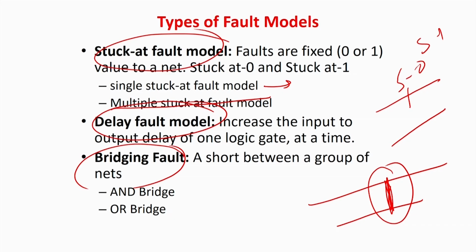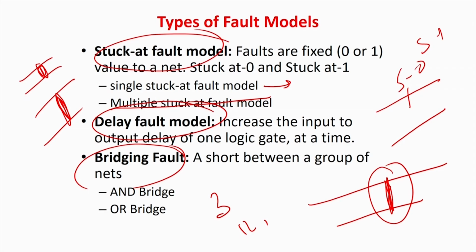That means if there are 3 lines, I will take 1, 2, then I will take all the combinations, and I will see one at a time. Say, for example, if I have 4 lines, 1, 2, 3, 4, basically I will see whether these 2 lines have a bridging fault or not, but I will not try to simultaneously assume that these 2 bridging faults are there.